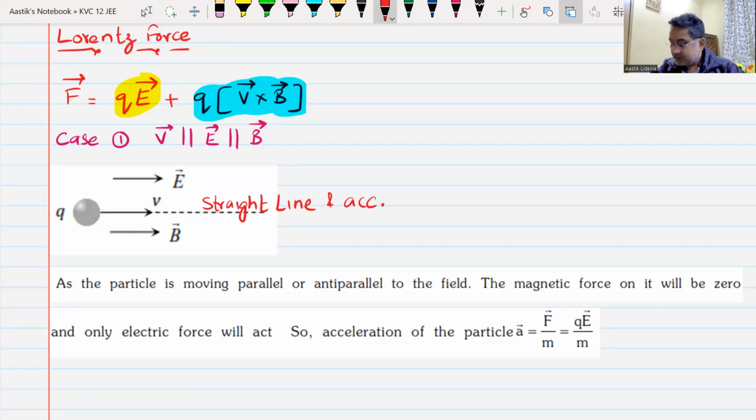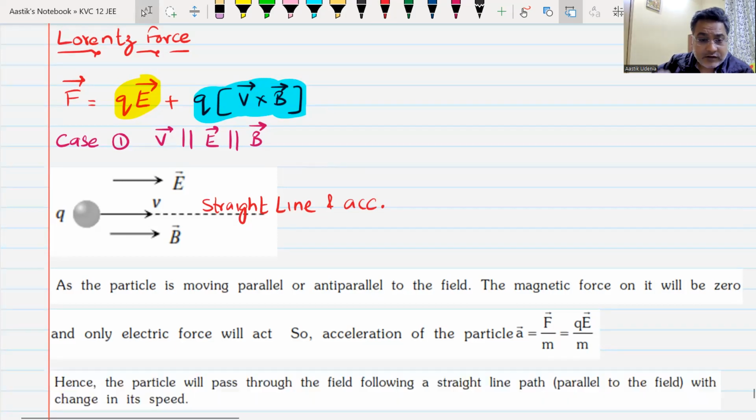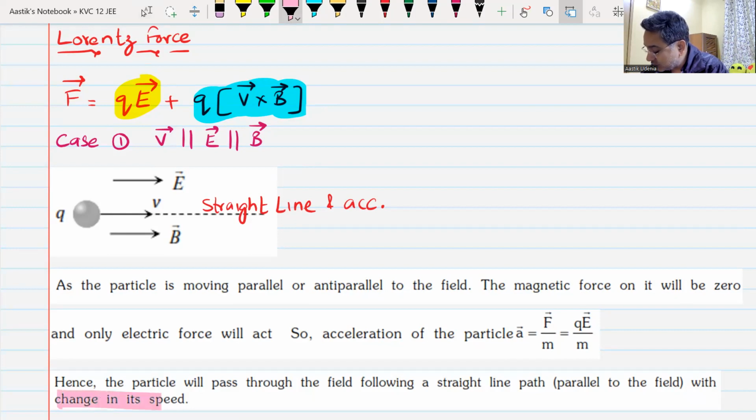First understand, then I will give you enough time to write. So the particle will move in a straight path, and the speed will be changing. The direction will not be changing.